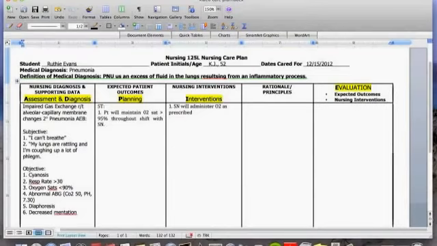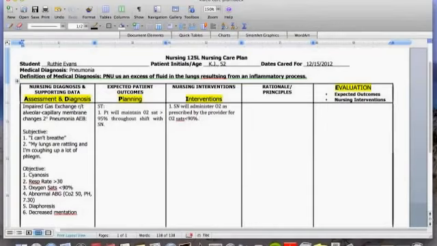So student nurse will administer oxygen as prescribed by the provider for O2 sats, let's say lower than 90%, because we don't want them to get too low, and we want to keep them at a good level there.